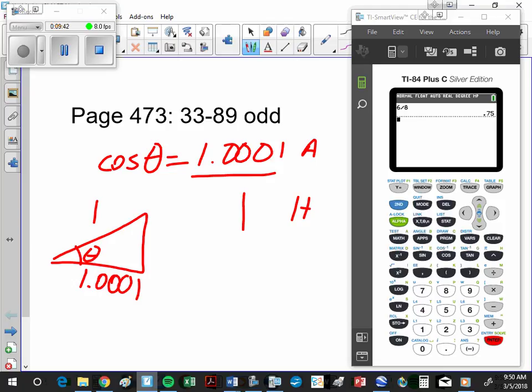So what can the cosine equal? 0 to 1. When you're a sophomore, 0 to 1 is true. But now we moved beyond that last year. It can actually be anything from -1 to 1.